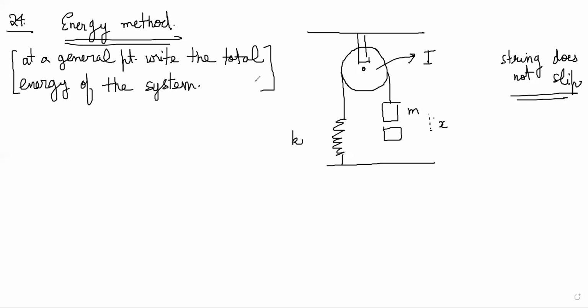Total energy is constant, right? So let's say the initial equilibrium position was my zero level of gravity, like this.